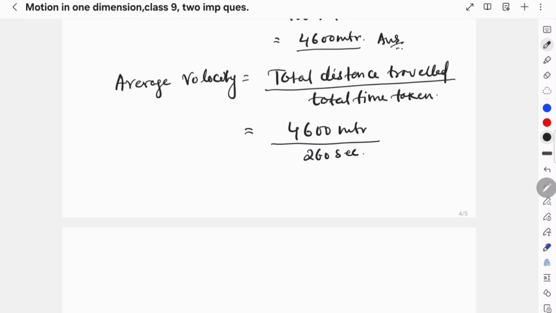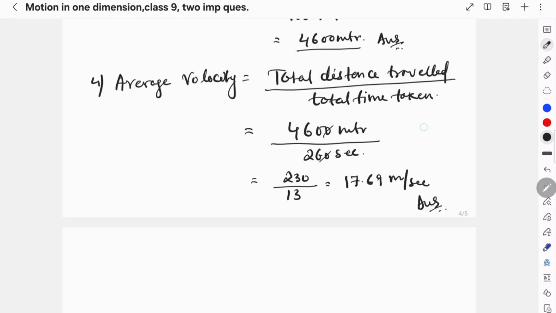Now when we solve this, we will get 230 divided by 13, which is equal to 17.69 meter per second. So this is the fourth part, this is the final answer.